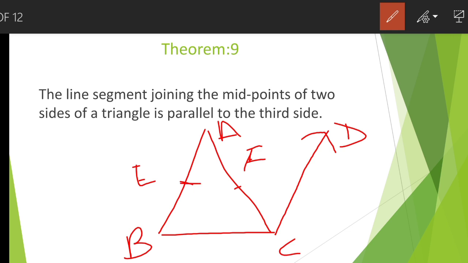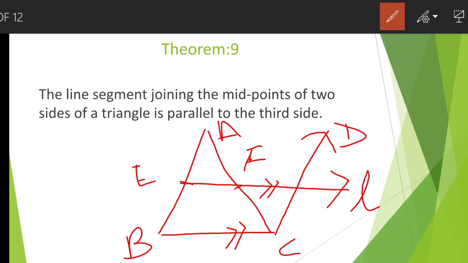If we draw a line which passes through the midpoints E and F, then we can say the line is parallel to BC.